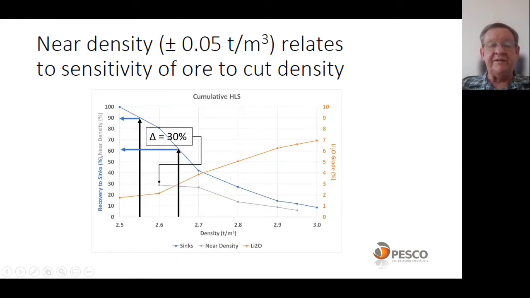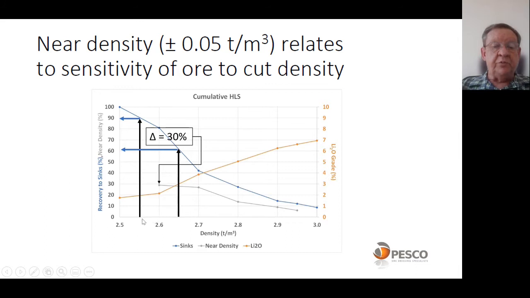If we look at near density, and here we're defining near density as plus or minus 0.05, it relates to the sensitivity of the ore to cut size. If we're targeting a 2.6 cut density, adding 0.05 gives 2.65. Going up to 2.65, the intersection with the recovery or yield curve is about 60%.